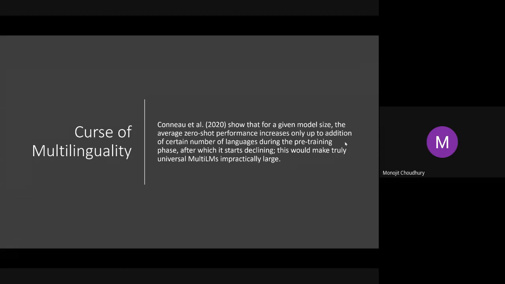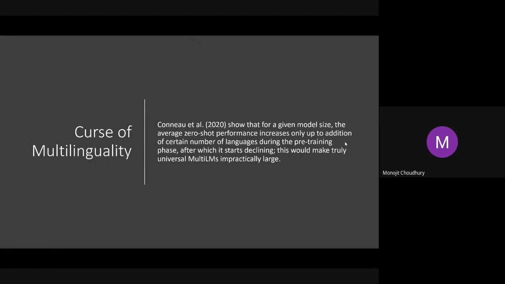So what works the best is if you build language models for a set of related languages. Like, let's say, I have the North Indian languages, and I build a language model only for the North Indian languages. Or I have one model for only, let's say, the Dravidian or South Indian languages.